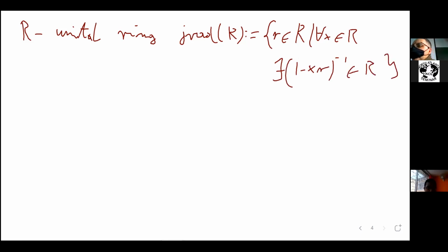Okay, so this was our definition, and it will be proven today, I hope, during the recitation class. So this is the first thing I recall.